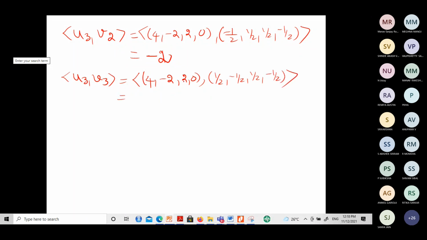So the inner product is 4 by 2 minus 2 by 2, 2 by 2 plus 2 by 2, so 4. I'll check. 4 by 2 plus 2 by 2, 3, 3 plus 1, 4 only. Correct.